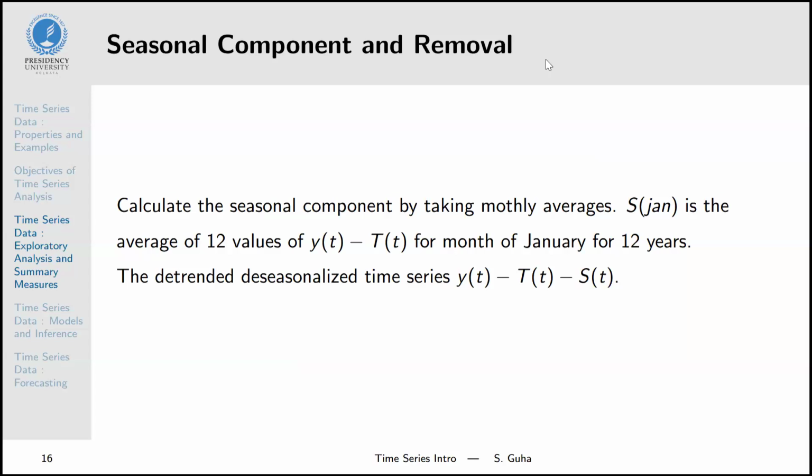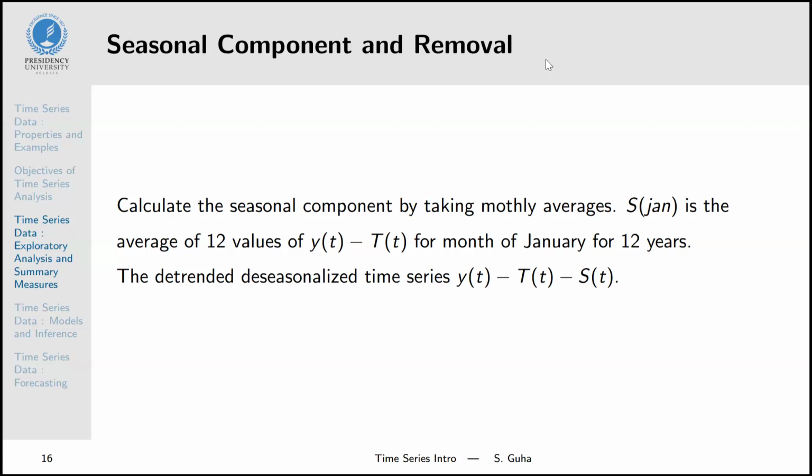You already have the detrended value. Now you also remove the seasonal part from that detrended value, and this is called the detrended deseasonalized time series. You have removed both the trend part and the seasonal part from the data.